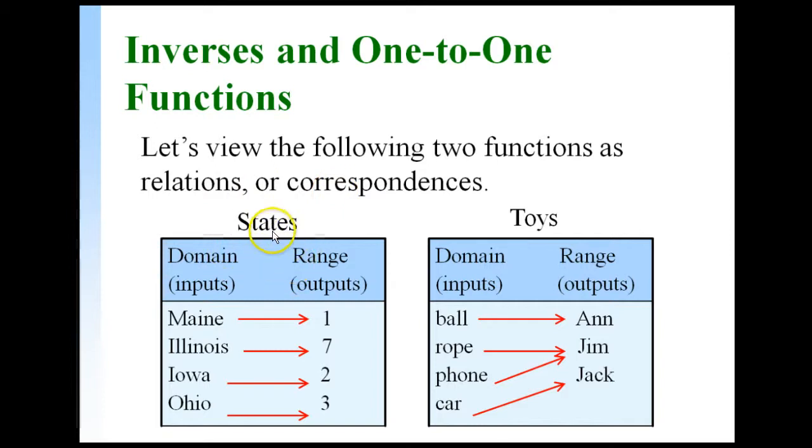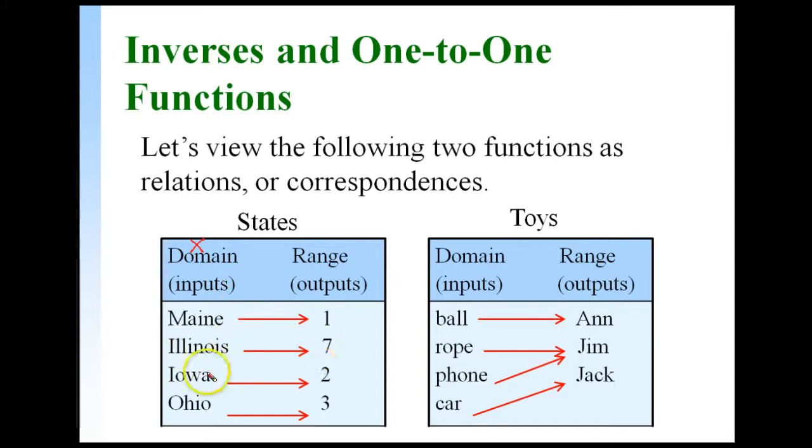So here we have states, which is the domain. So these would be our x values, our inputs, and in our range, we have outputs, and we're saying Maine is 1, and this has to do probably with representatives maybe in Congress, but they're not telling us that.